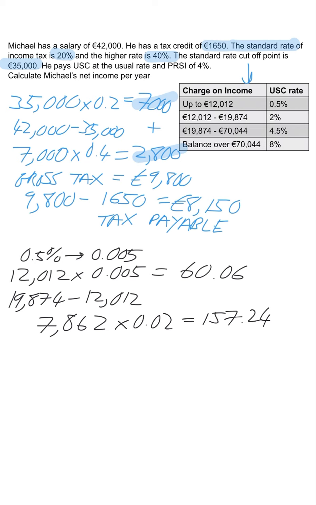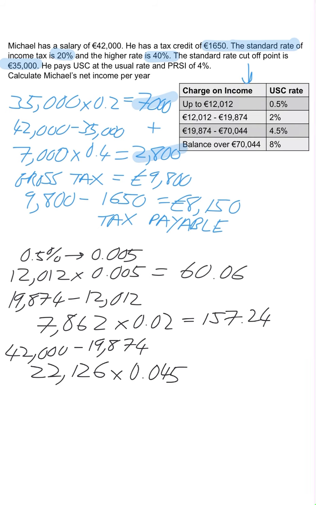The last rate then is over 19,874. So to find that, we'll have 42,000 minus 19,874. And that is 22,126 euro. And that's at 4.5%. So that'll be 0.045.